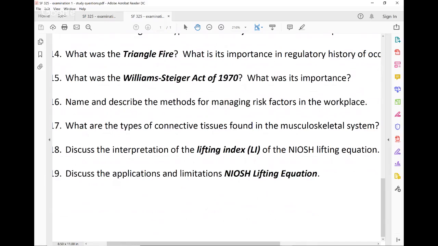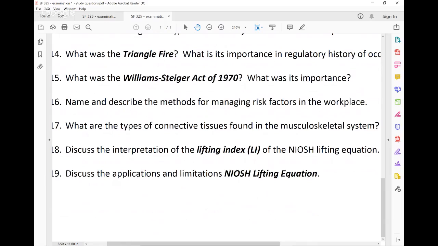You won't have to calculate it on the exam, but I would provide you a number. Let's say you get 2.3. What does that number mean? Okay, so you're over the recommended weight limit and you should fix the design.